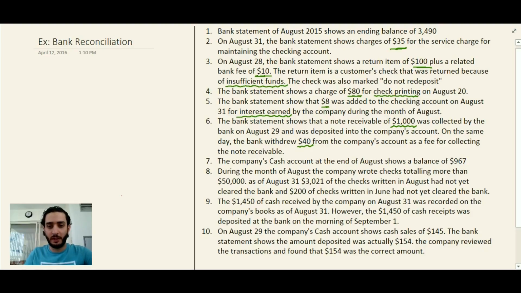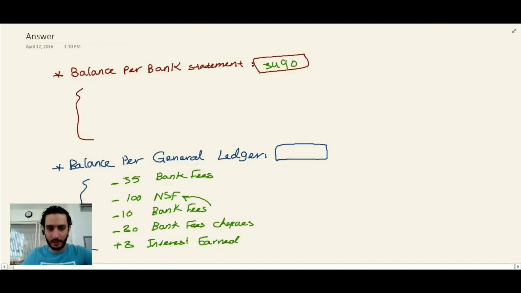So we have received $1,000 on the note receivable, and the fee for that is $40. So I'll go and add this: the note, and we have also $40 bank fees related to this transaction.